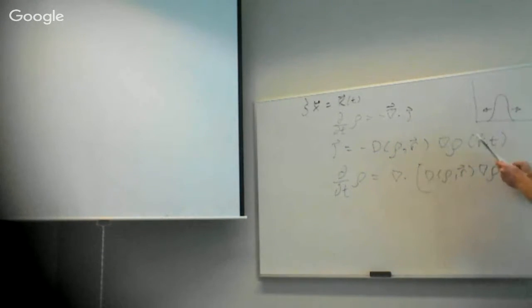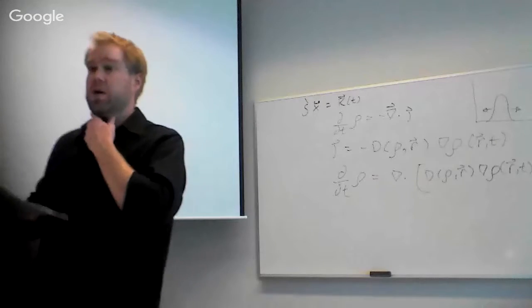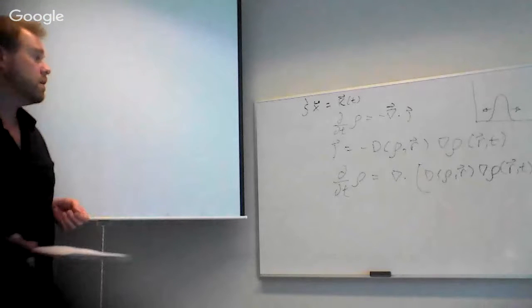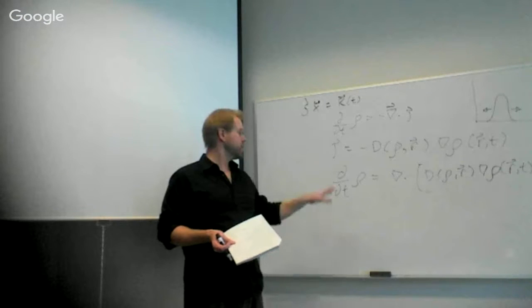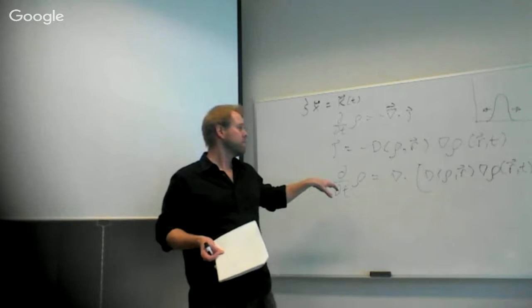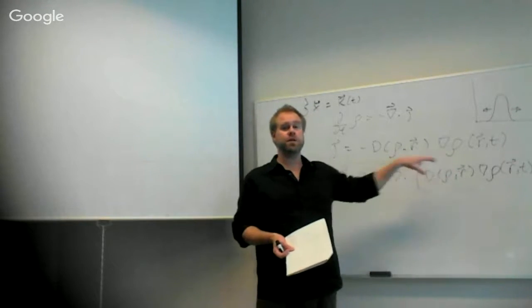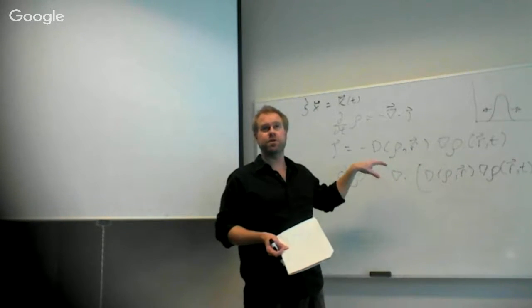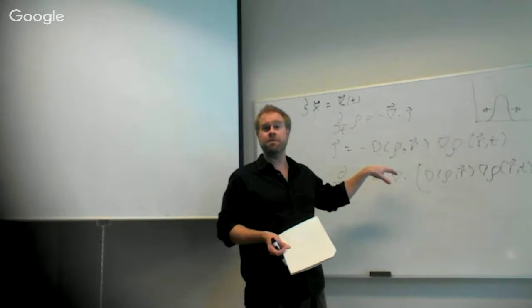which is what I've written here. Okay, and this is the diffusion equation. Because we have a time derivative over here, and then we have a gradient, which is spatial, and a divergence, which is spatial, over on this side.